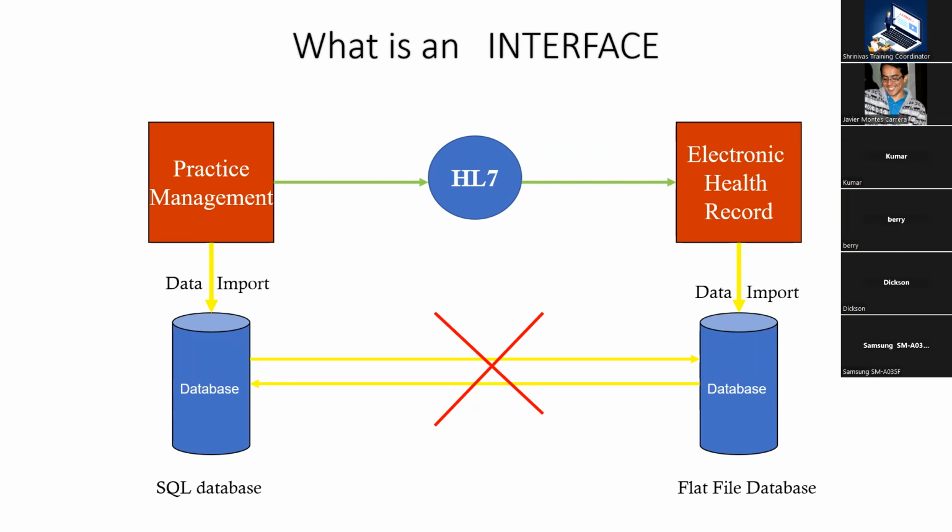It doesn't matter which database we are dealing with. At the end of the day, we are transacting through HL7 using an interface as the medium. HL7 operates at an application level, which we'll see in the upcoming slides, so it doesn't matter which database you are dealing with.